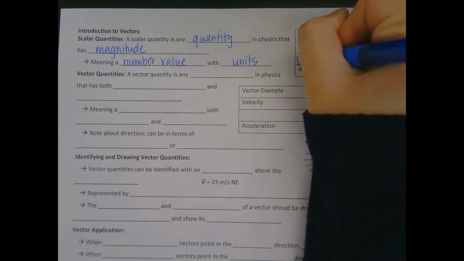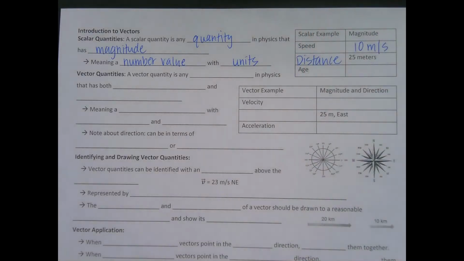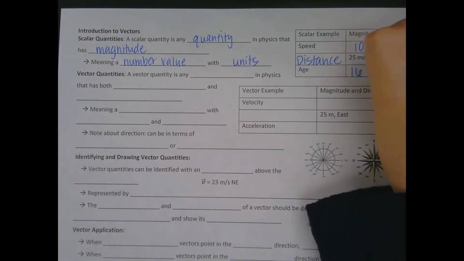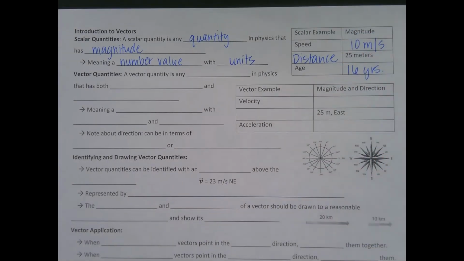I hear it, distance. So 25 meters is a unit of distance, which is a scalar quantity. And then age. Age is a number and a unit also. It's still a scalar quantity, so like 16 years old. Okay? So those are some examples of quantities that have a magnitude, meaning a number value and a unit.